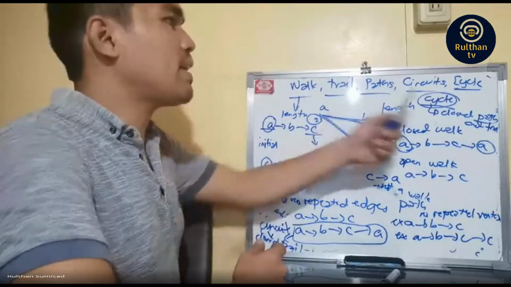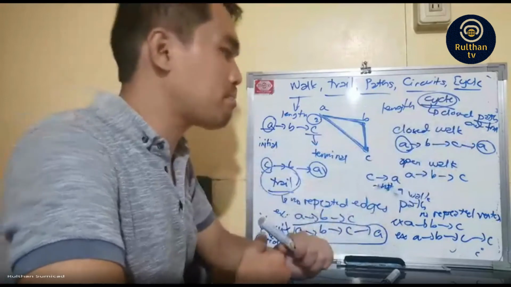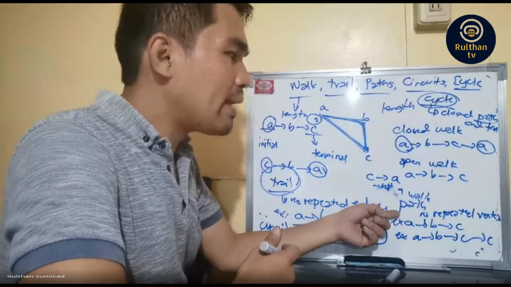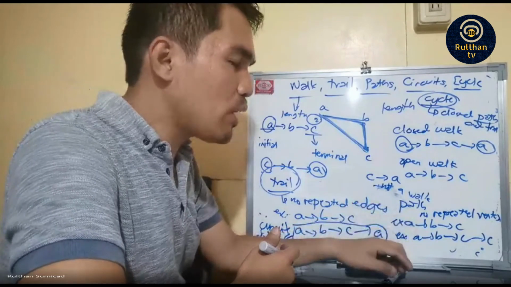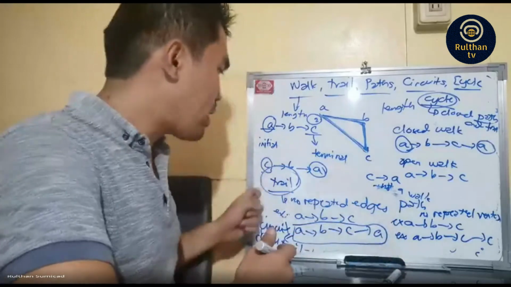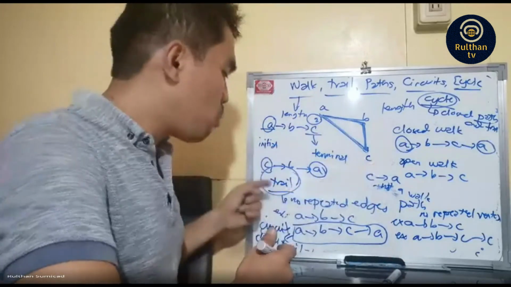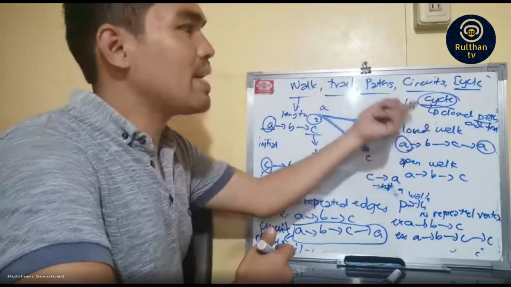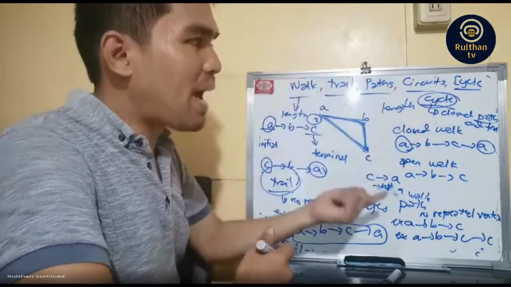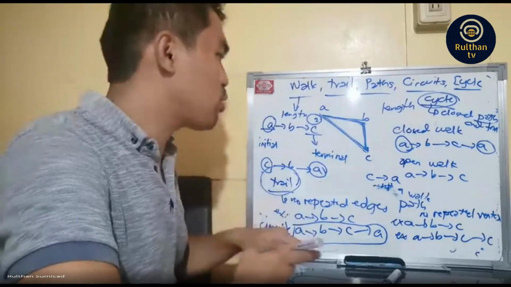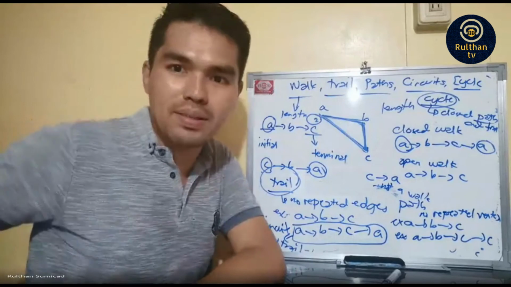So just remember that a cycle is a path and a trail at the same time, while a path is simply a type of walk with no repetition of vertices except the initial and the terminal, while a trail is a walk with no repetition of edges, while a cycle is a walk which is a path and a trail at the same time. I hope you were not confused on those concepts.